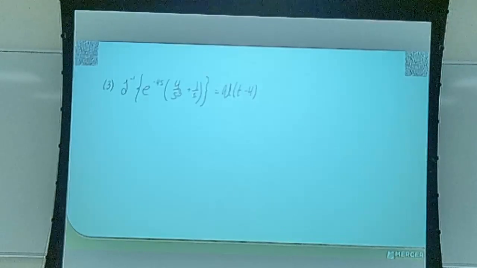Tau is 4. So it's u of t minus 4 times the inverse transform of 4 over s cubed plus 1 over s, where you replace t with t minus 4.